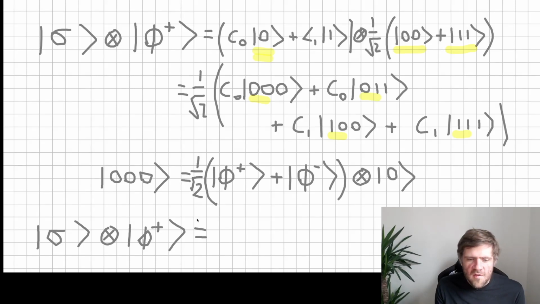There should also be a 1 over root 2 there. So sigma tensor phi plus can be expressed as a superposition with phi plus tensor sigma as one of the terms.